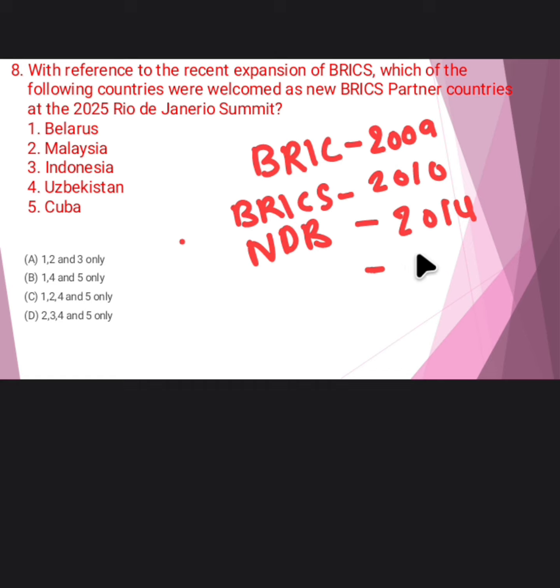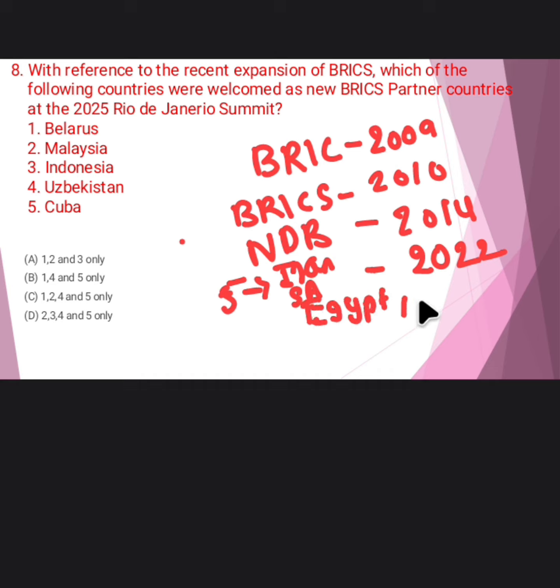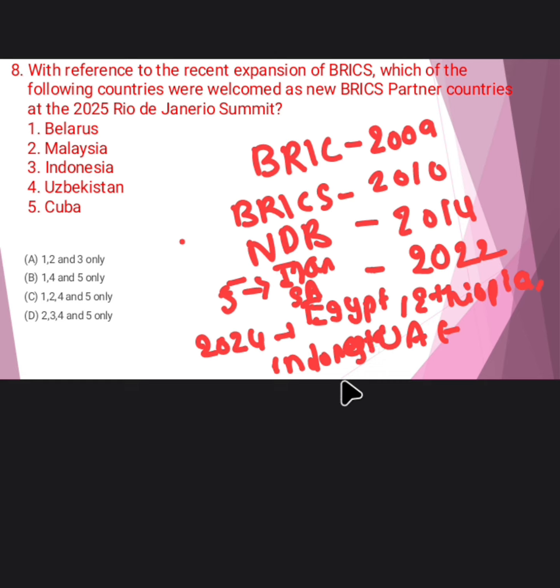In 2022, 5 other nations were included, which are Iran, Saudi Arabia, Egypt, Ethiopia, and United Arab Emirates. In 2024, Indonesia joined as a full member in the BRICS. Currently, there are 11 member nations in the BRICS.